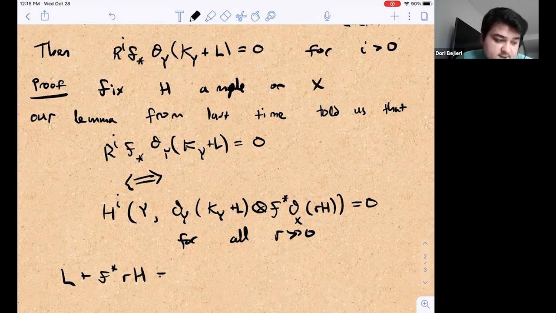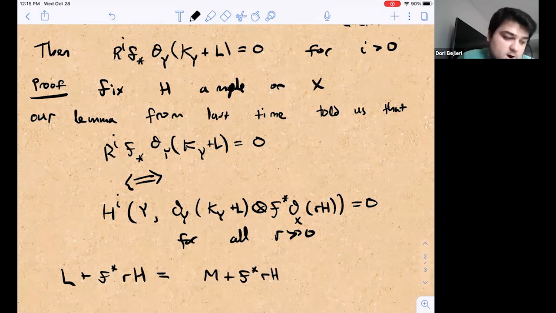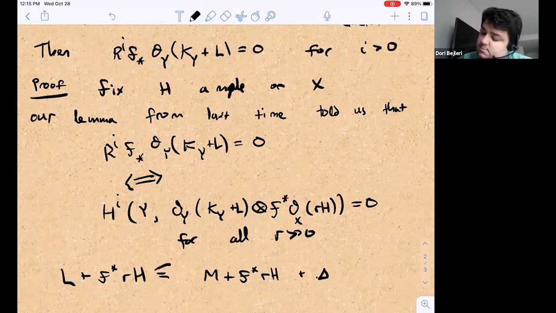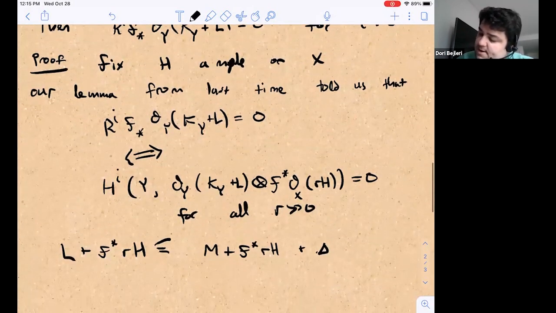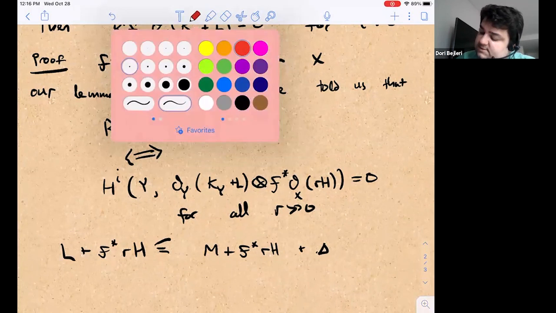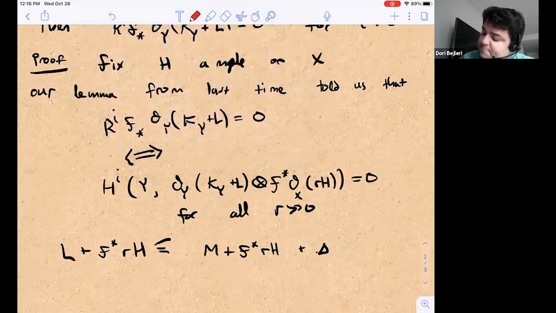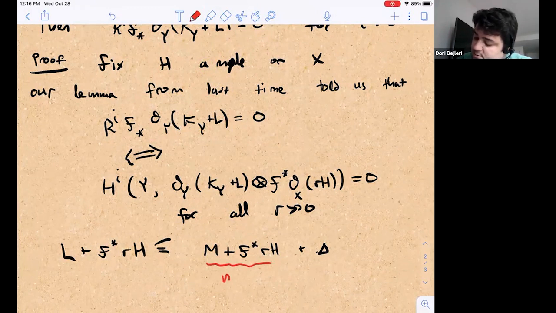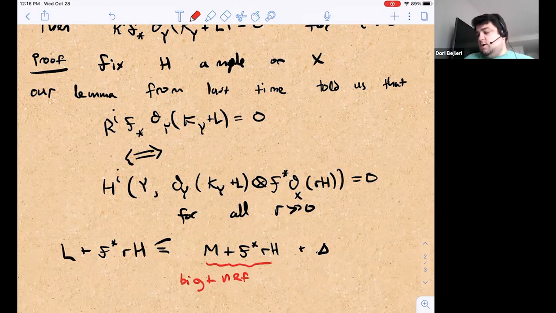We can write this as M plus f^* rH plus delta, because L is equivalent to M plus delta. And since M is Nef, then M plus the pullback of an ample is also Nef. So this is Nef. But it's also big because f is birational and H is big.